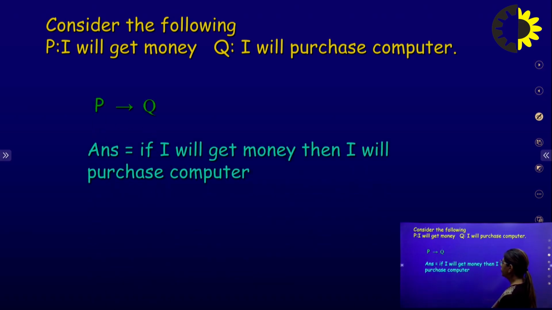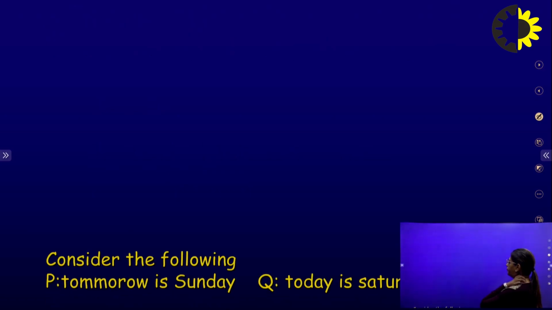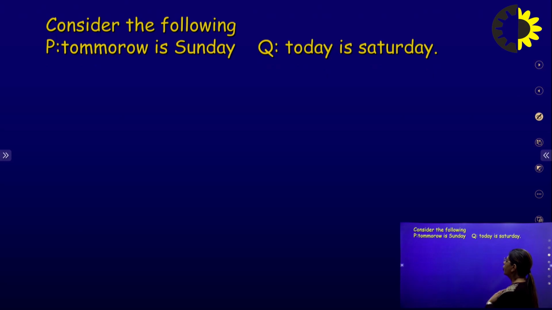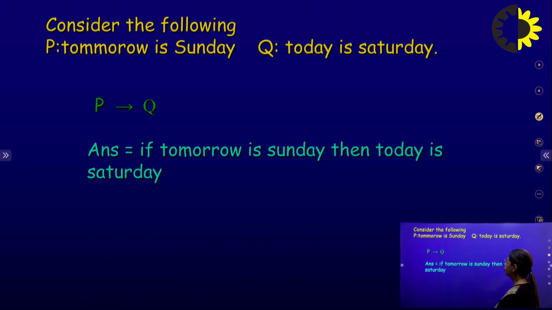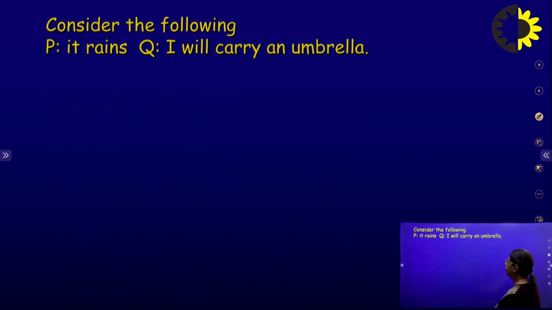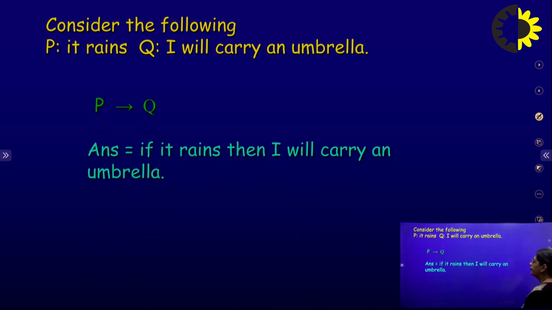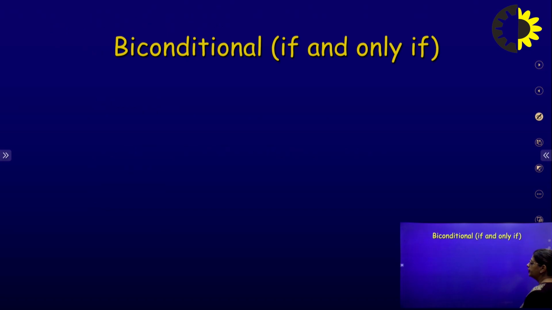P implies Q. If I get money, then I will purchase a computer. Tomorrow is Sunday and today is Saturday. P implies Q. If tomorrow is Sunday, then today is Saturday. It rains, I will carry umbrella. If it rains, then I will carry an umbrella.